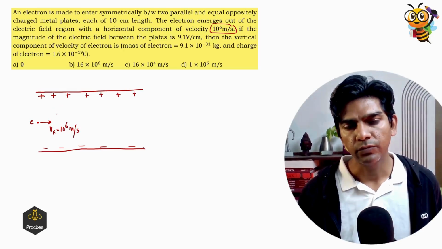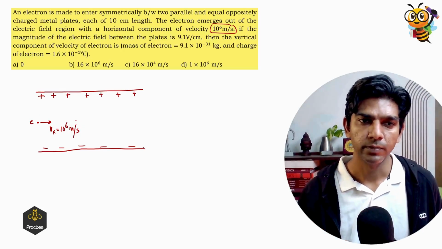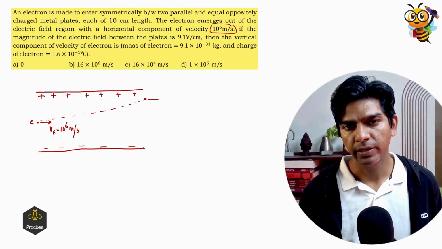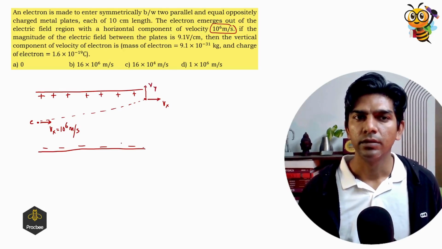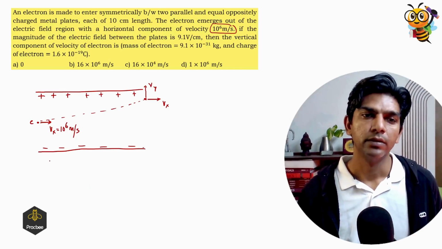Due to the electric field which is in the downward direction, it will experience force in the upward direction and it will deviate and come out. At this particular point it will have the Vx component which will not change, and it will have a Vy component, and we have to find the vertical component, Vy.